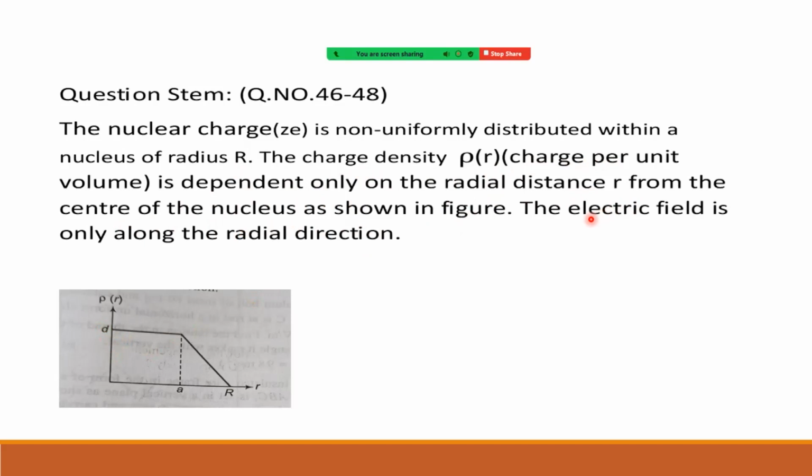The electric field is only along the radial direction. That is given. So from this, the conclusion is that we should take a spherical surface as the Gaussian surface. Right. So total charge Z, the distribution is non-uniform, depends only on the radial distance. Now see questions based on this.